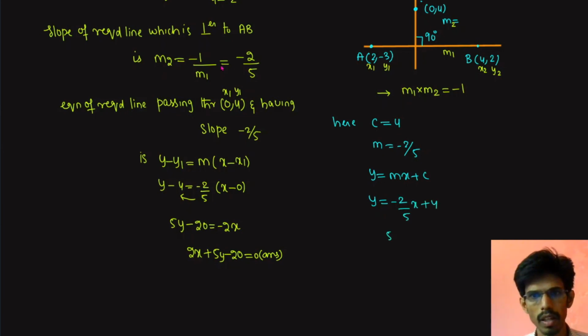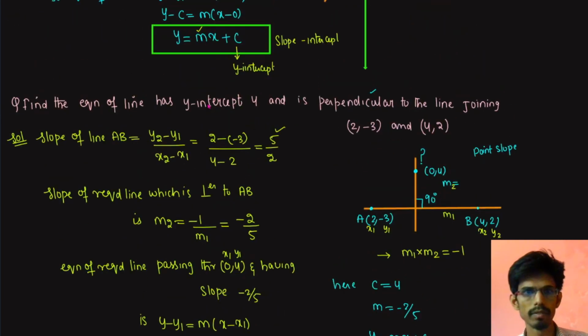Now multiply this equation by 5, I'll get 5y equals -2x plus 20. So rearranging this, I'll get 2x plus 5y minus 20 equal to 0. In either way you can get the solution.